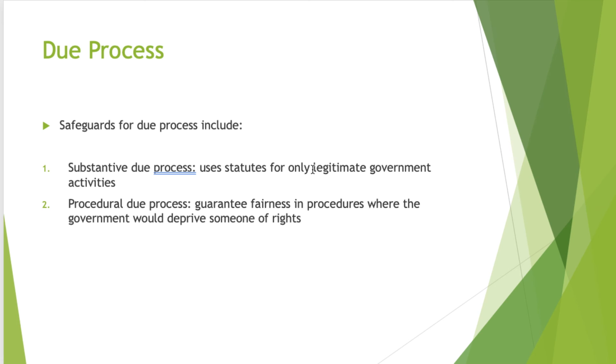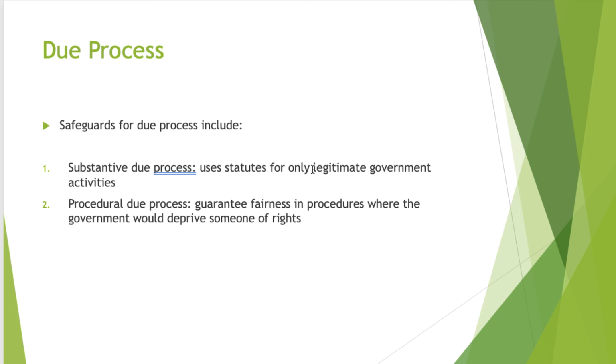Your other safeguard in this case is your procedural due process. What this does is it guarantees fairness in procedures where the government would deprive somebody of their personal property or liberty, so freedom. This is where it exactly applies to policing and cops, because there are a lot of procedures that they have to follow in order to have a case against somebody, and for the case to stand in court.